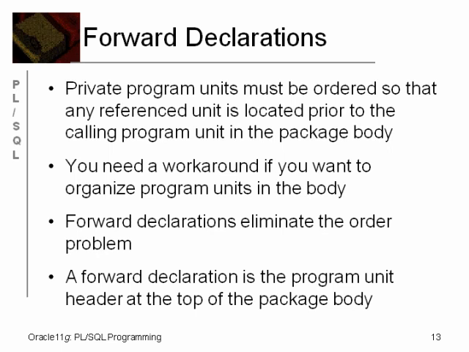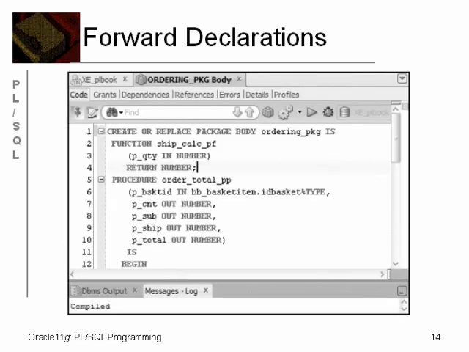The workaround is to use a forward declaration, where at the beginning of the package body, you forward declare anything that's in the package body somewhere else. I think there's one we can look at where they just put the header to declare it, and then later down in the package they can put the entire block, so they can, like I said, keep them in alphabetical order or something like that.